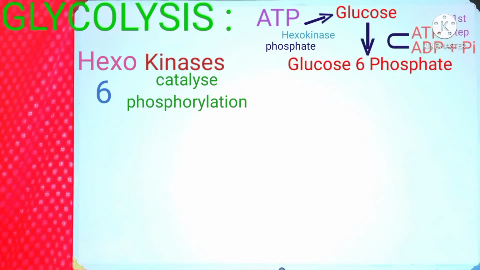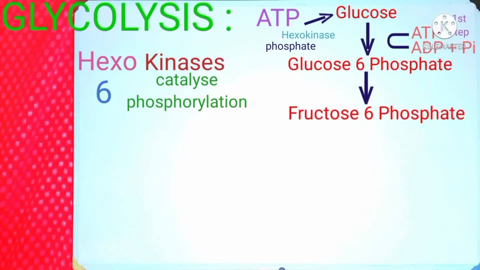Glucose 6-phosphate is reorganized to form its isomer fructose 6-phosphate in the presence of an enzyme phosphoglucoisomerase. During this second step, an ATP molecule is not invested.